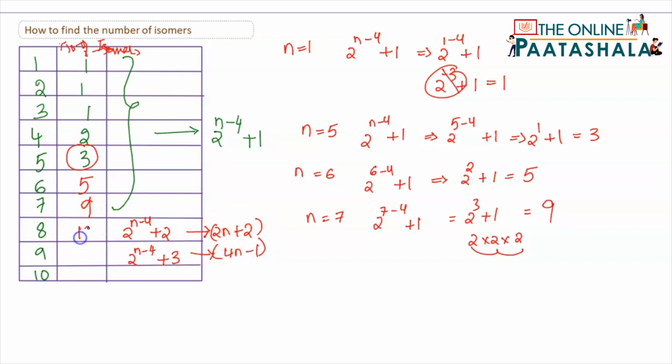So the number of isomers is 18 here, and 35 here. For 10 carbons, if you add all these, the total number of isomers is 75.